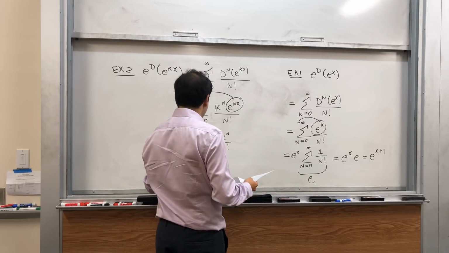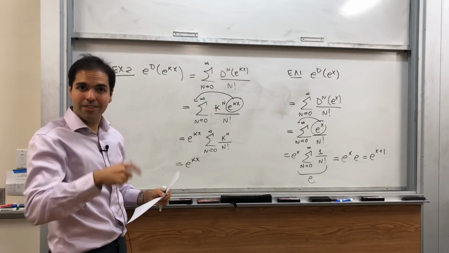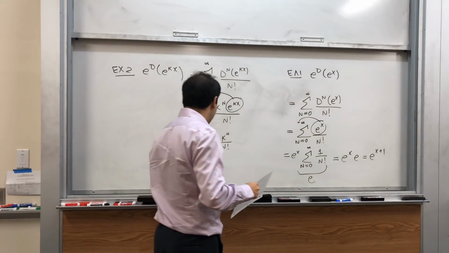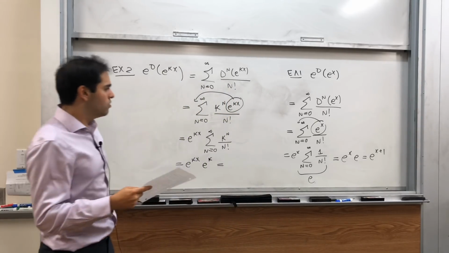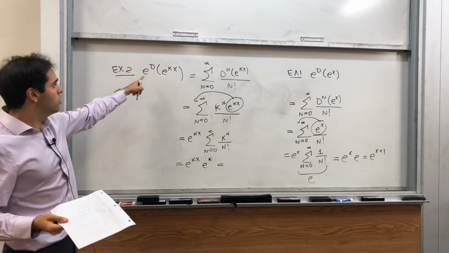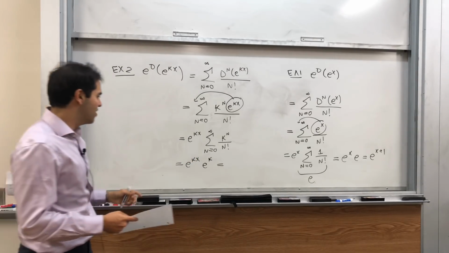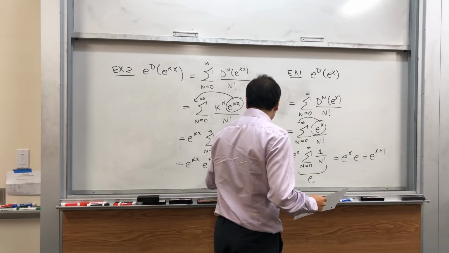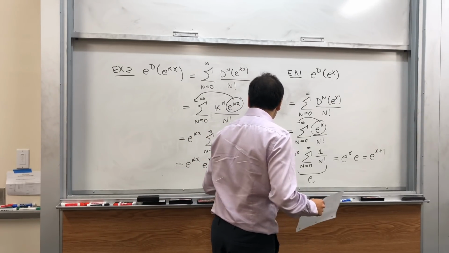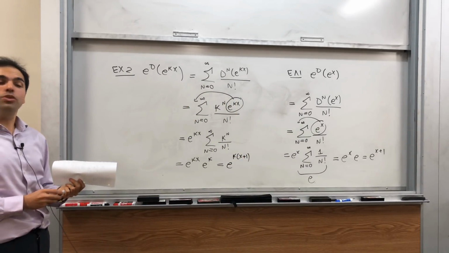And if you do calculate that, you use the power series of e to the x, but with k, and you get that this is e to the k. And so in this case, you get e to the kx, except with the factor of e to the k. And surprisingly, again, you get that it just shifts the function e to the kx by 1 unit.